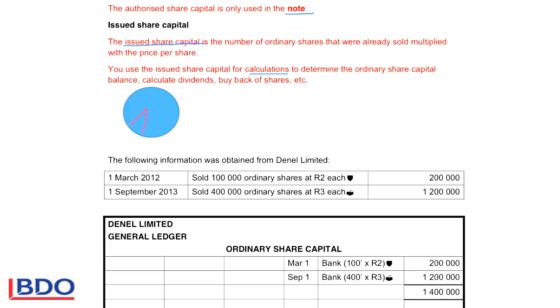Now there's still 900,000 shares left over in the cake. When they did this entry on the 1st of March, they multiplied the number of shares that they sold, the 100,000, with the price per share, R2, to determine that the total capital that they received from the shareholders at that time was 200,000 Rand.